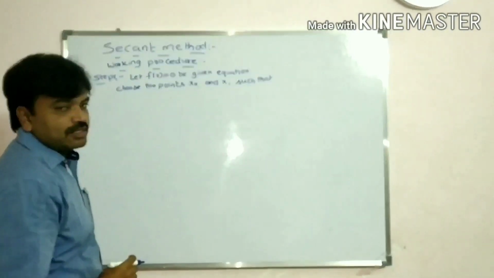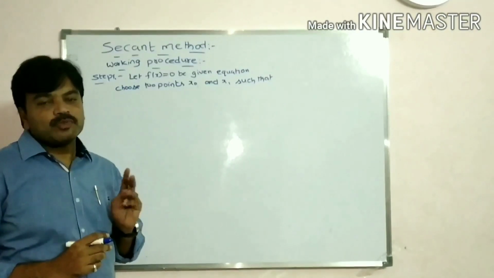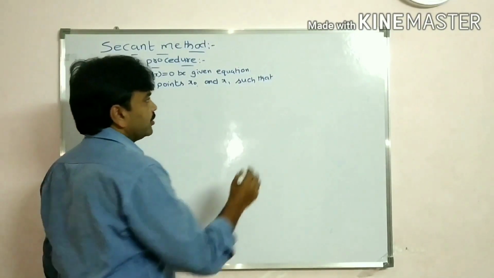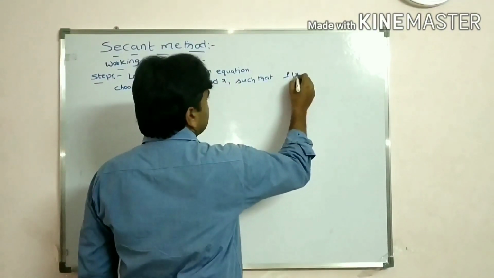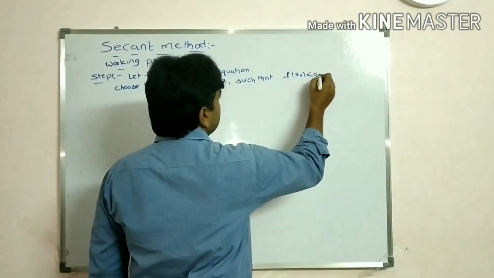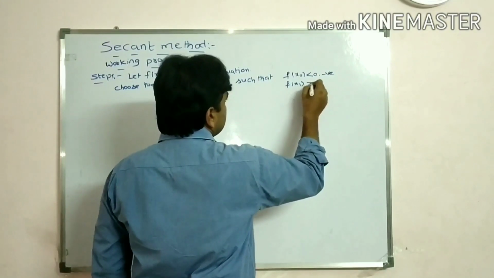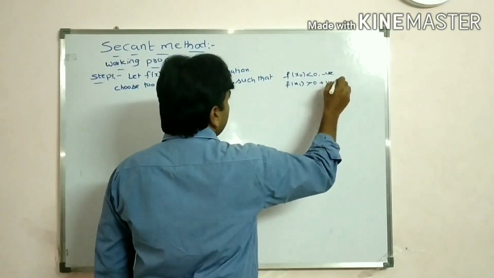we discussed in Newton-Raphson method. What is here? f of x0 is less than 0, that means it is negative, and f of x1 is greater than 0, it is positive.